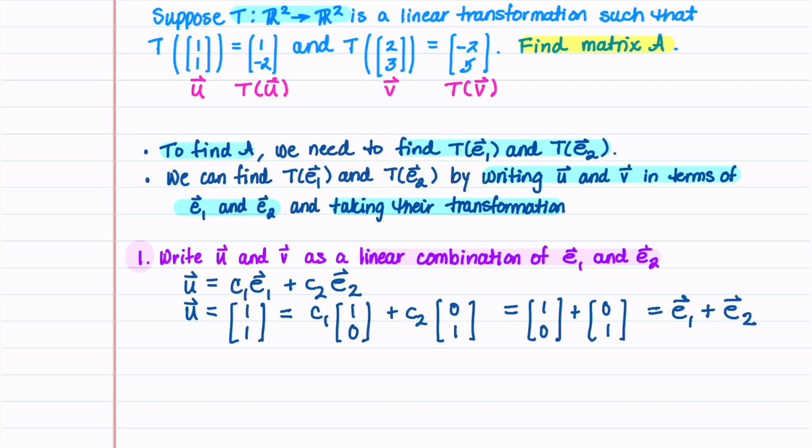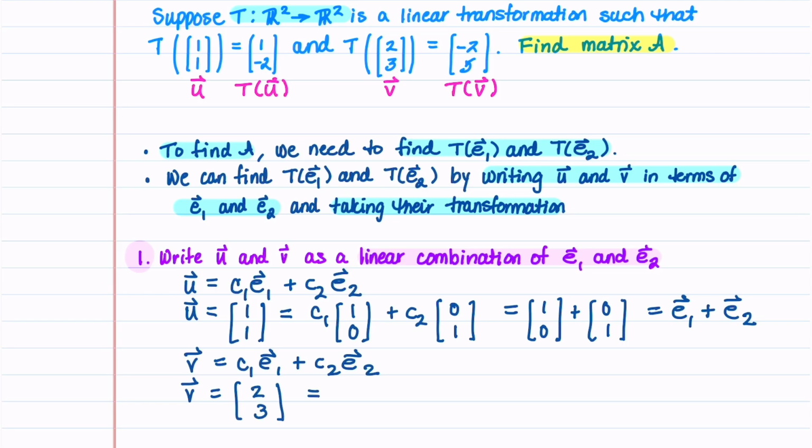So our vector U is E1 plus E2. Let's do the same thing for V. V is going to be C1 E1 plus C2 E2, and our C's are going to be different. Our vector V up above is 2, 3.